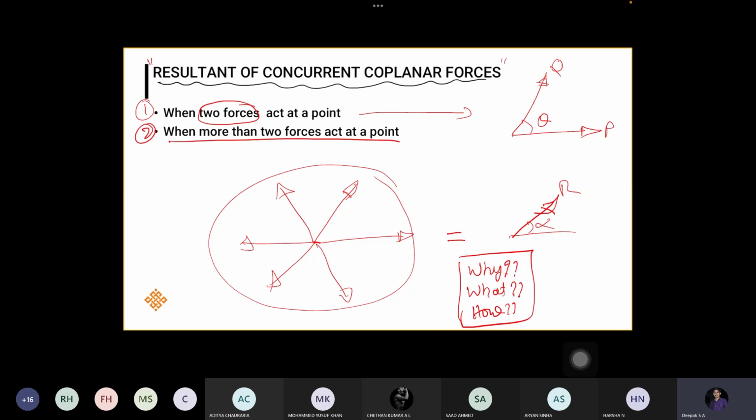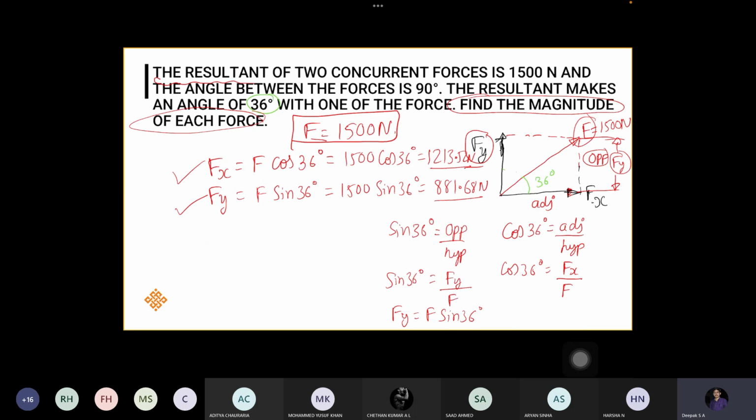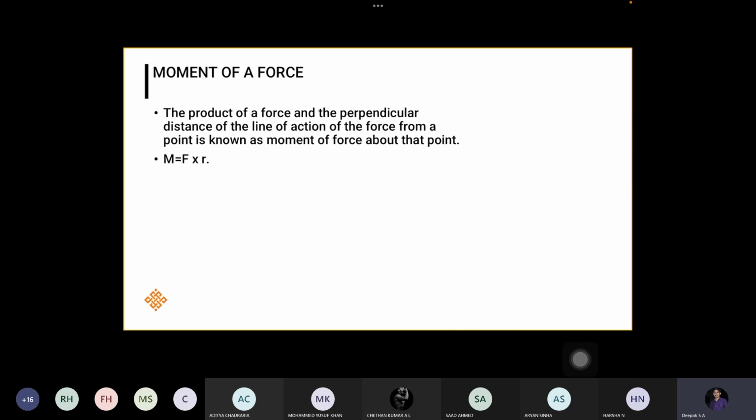See, with this topic we will discuss slightly, and after that we will cover one more topic. Okay. Next topic we will cover is the moment of a force. Have you heard about the moment? What is moment?